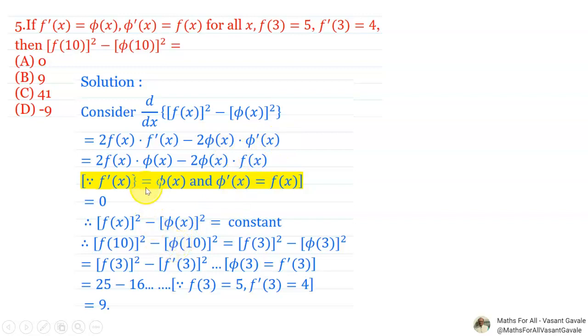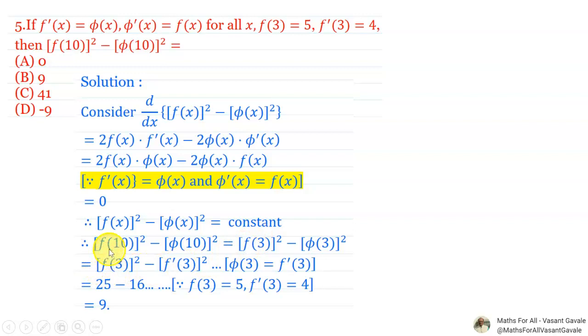But we have been given that f dash of x is equal to phi of x and phi dash of x is equal to f of x, so f of x bracket square minus phi of x bracket square is a constant.